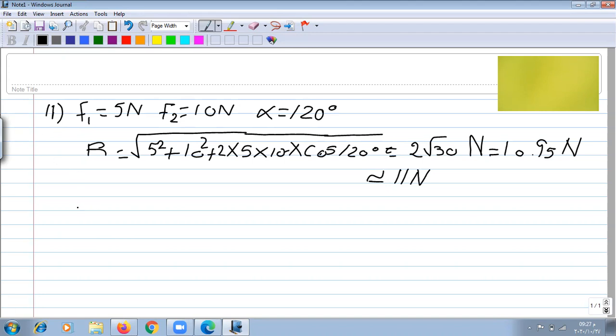Let's find the direction. The rule says tan of the angle, say theta, equals F2 sine alpha, 10 sine 120, over F1 plus F2 cosine 120, 5 plus 10 cosine 120.